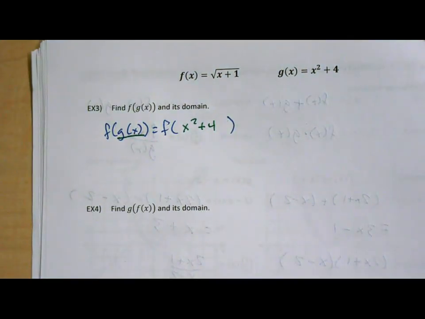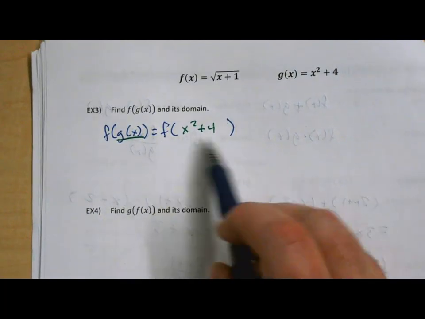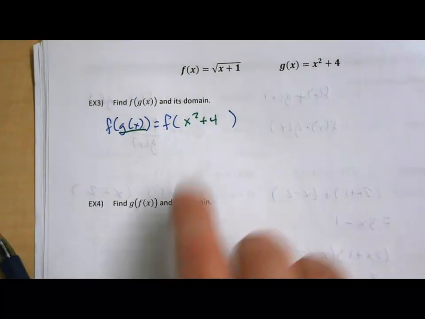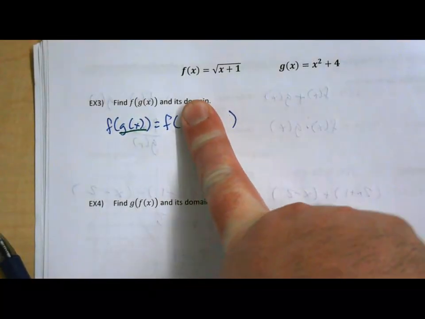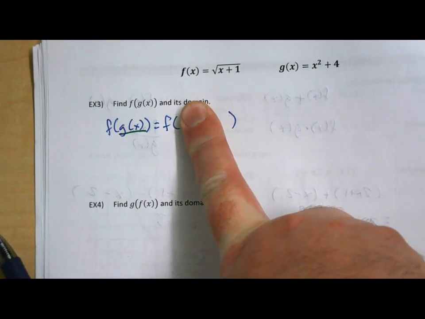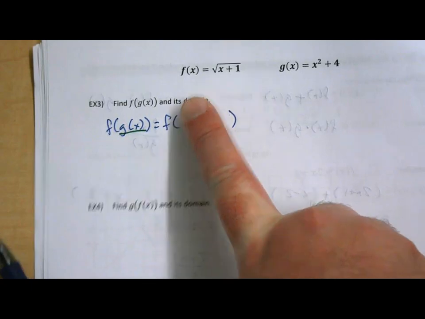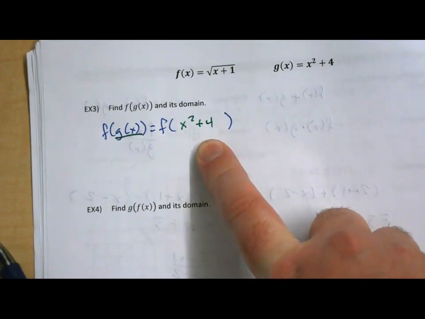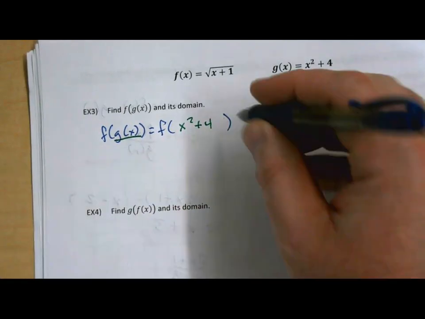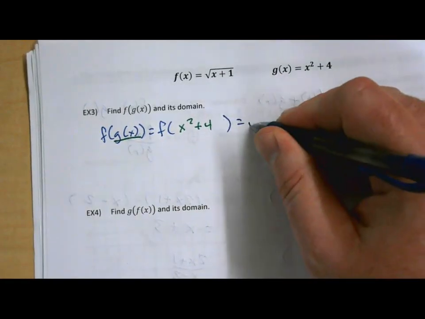And then we're going to do what this says to do. Now, back in Algebra 1, if I asked you to find f of 2, you knew that you would just take 2 and plug it into the f function, right? Same thing here, except instead of plugging a number in, we're going to plug this whole expression in for x, okay? So just like before, let's go ahead and write out what the f function was.